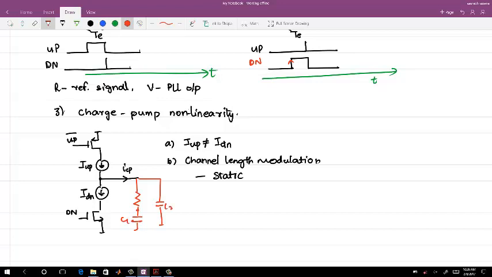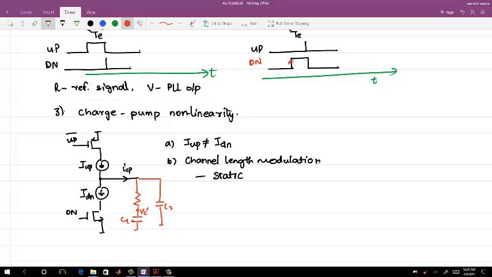This node is mostly a stable node. Let me call this VC dash. Now if VC dash is 0.5, you design your charge pump for I up equal to I down. But if your VC dash goes to 0.25, depending on the frequency requirement, then the NMOS current source is ideally crushed. So what you can do is take this VC dash and have a feedback loop to control I up and I down. So static variation you can easily control with some feedback loop.